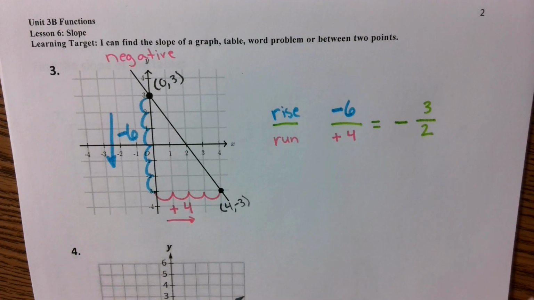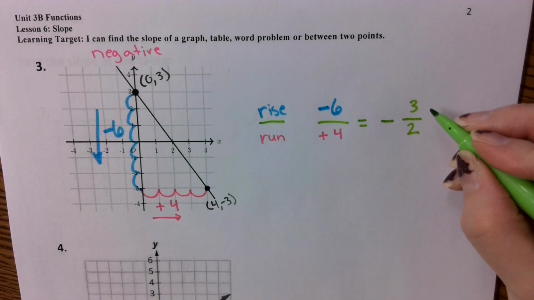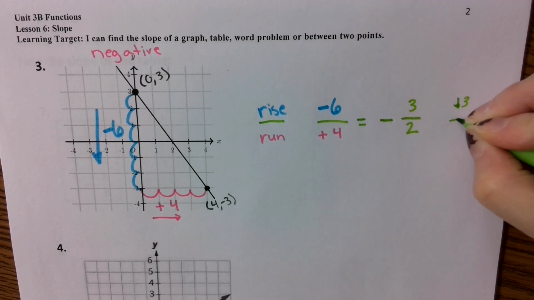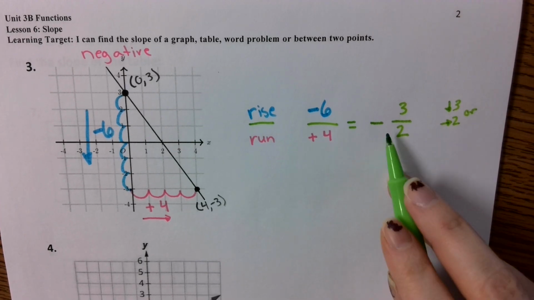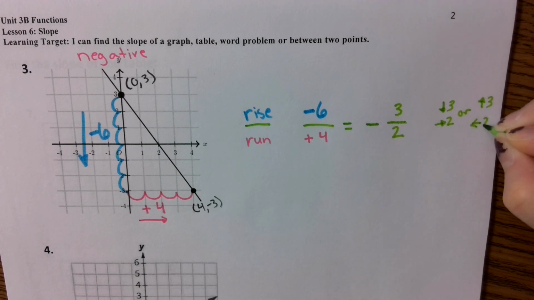Here's the reason that I'm telling you this: when you are graphing it, it can go in either direction and it will still be able to create that point. So this negative sign can either belong to the 3, which means you would be graphing it down 3 and then to the right 2, or you could assign the negative sign to the 2, which means you would go up 3, but then you would go to the left 2.